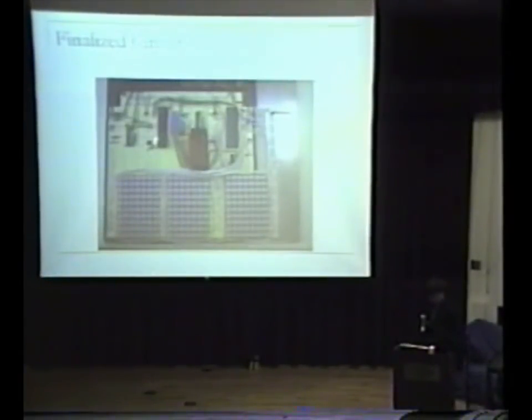Here's a picture of the finalized board. This part right here is the microcontroller block on that flow diagram. This is the 8052, this is the EEPROM, and that's just a MAX233.